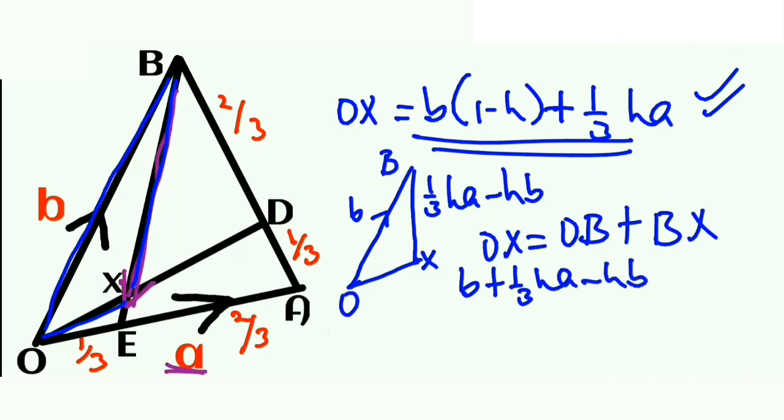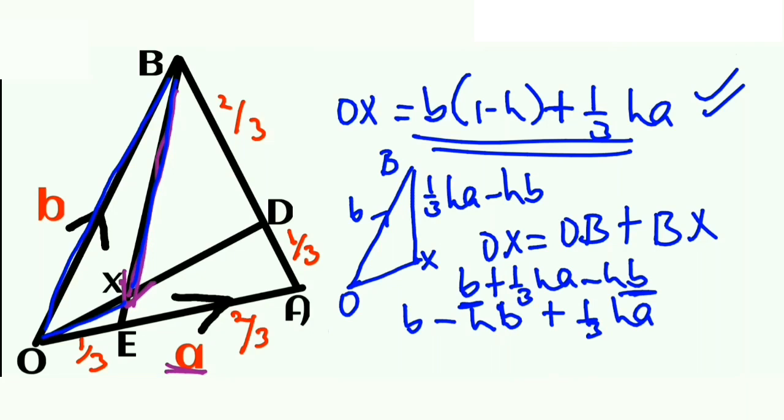Then you have to collect like terms. In terms of B, it equals B minus HB plus 1/3 HA.